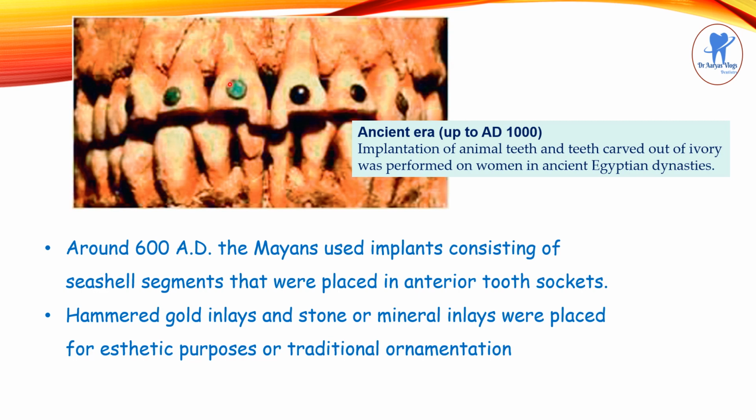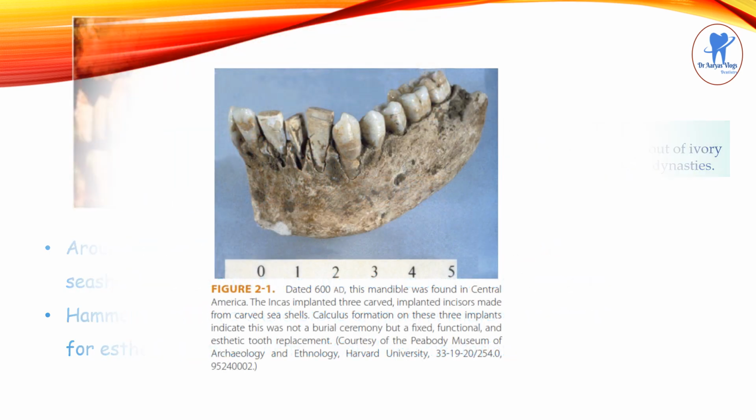Hammered gold inlays or stone or mineral inlays were placed for aesthetic purposes or traditional ornamentation. And in AD 600, this is the mandible which was found in Honduras in Central America. Here Mayans implanted 3 carved incisors made from carved seashells.